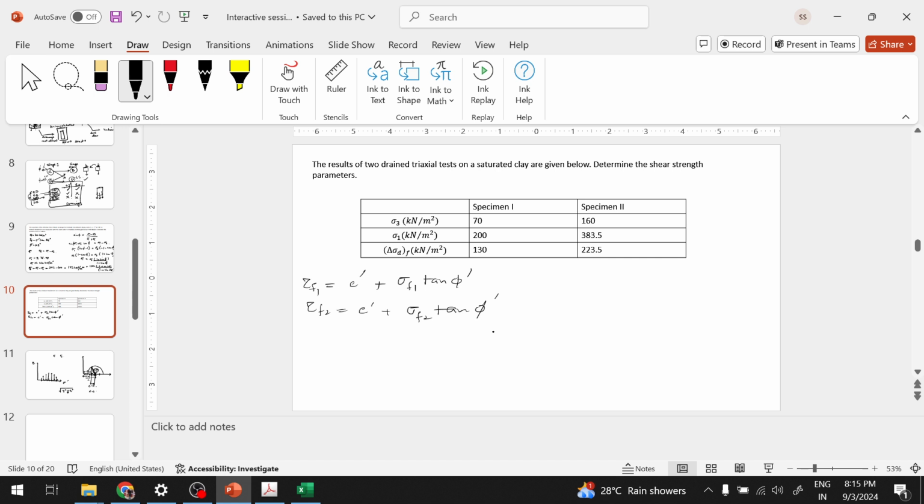Okay, so when we are writing 1 minus sine phi over 1 plus sine phi, this is basically, or is it the inverse of that?